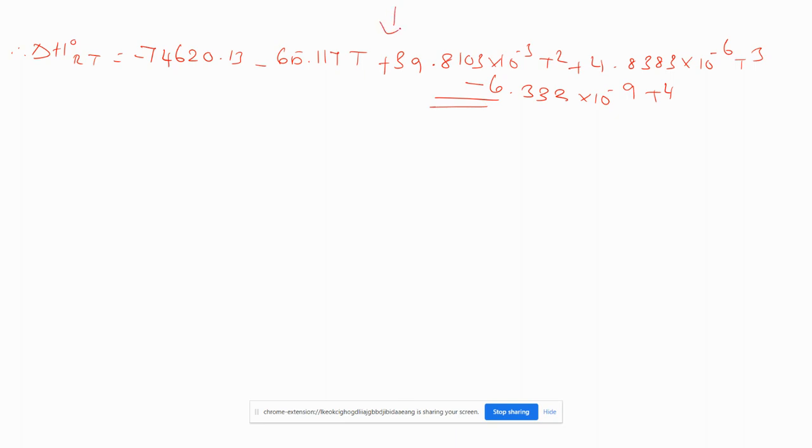This is the empirical expression for standard heat of reaction at any temperature T. Suppose for instance previous problem they have asked for 773.